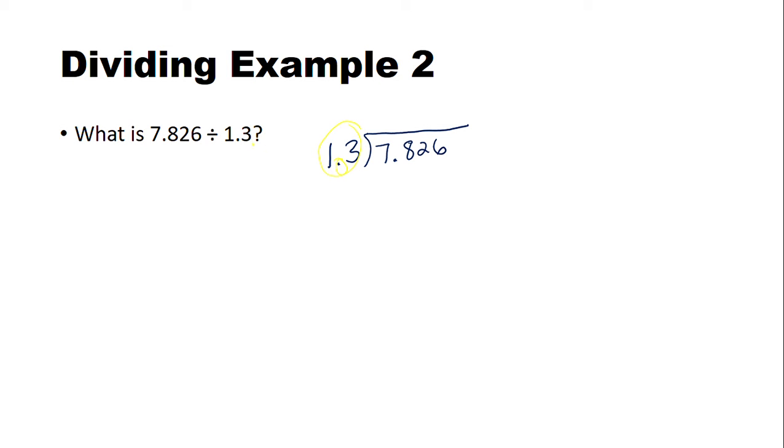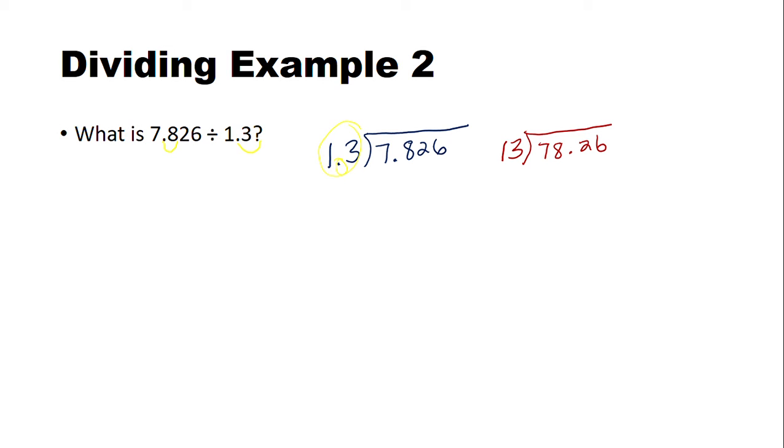So I'm actually going to multiply both of these by 10. If I do one, I have to keep it equal. Remember what they talked about with equivalent fractions. So this is actually going to be 13 and 78.26.